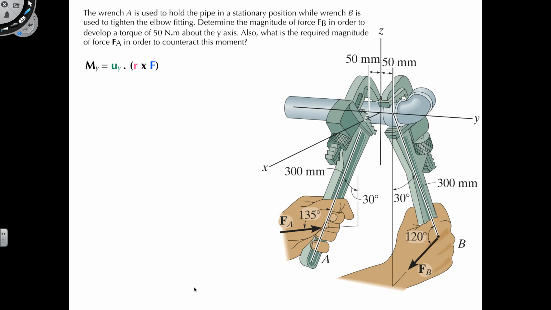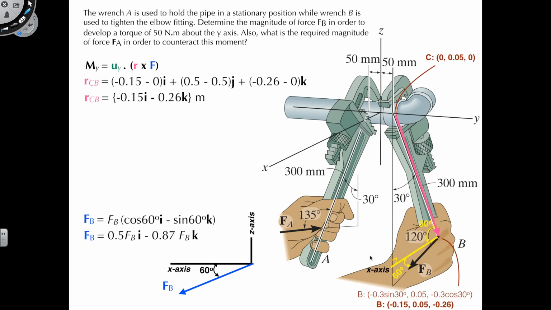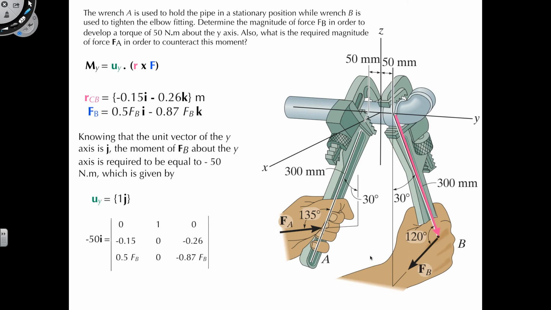Now, the second part of the question. By solving the first part, we now know that FB needs to be 192 newtons to create a moment of 50 newton meters.